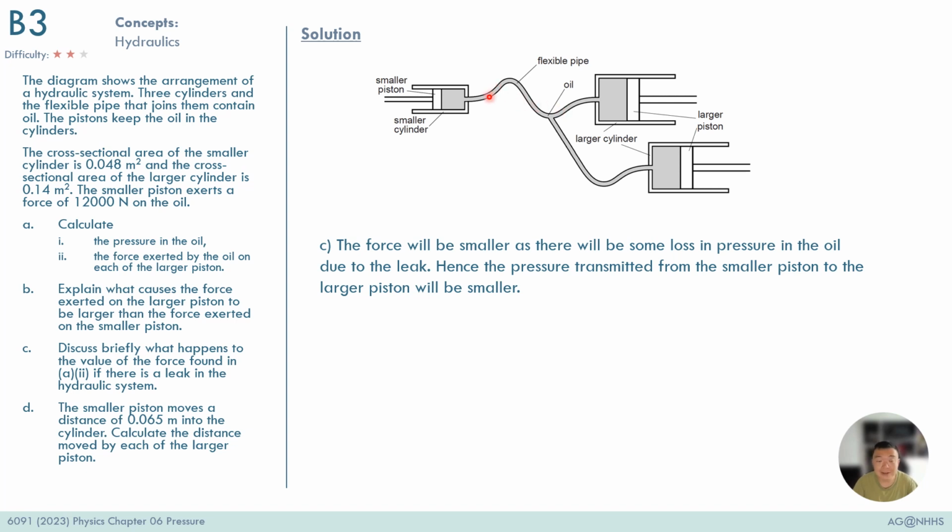It will diminish as we move towards the larger piston, because when the pressure created here is transmitted throughout the oil, some of the oil will be pushed out because of this pressure. So there's a loss of pressure whenever there's a leak. And when the pressure on the right is smaller, then the force on the right side will also be smaller.